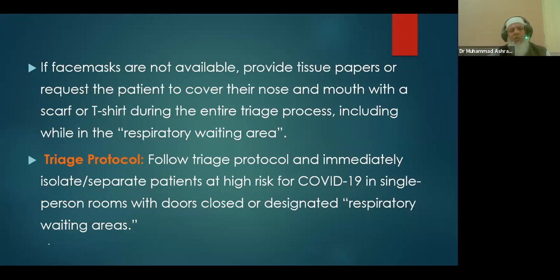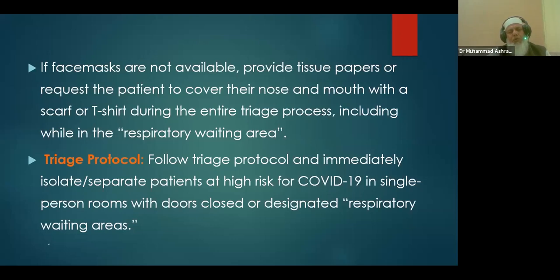Triage protocol. Follow the triage protocol and immediately isolate patients at high risk for COVID-19 in single person rooms with doors closed, or in designated respiratory waiting areas. Because not all patients coming to the triage area are cases of COVID-19. Because of their own anxiety and apprehension, they may come for testing.